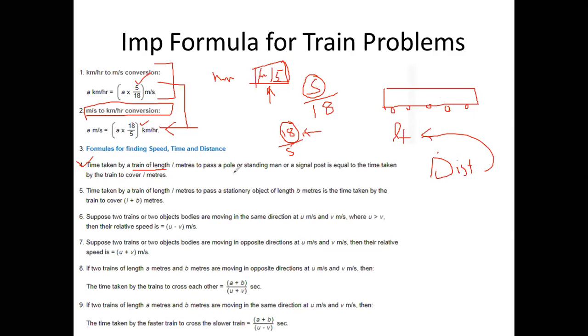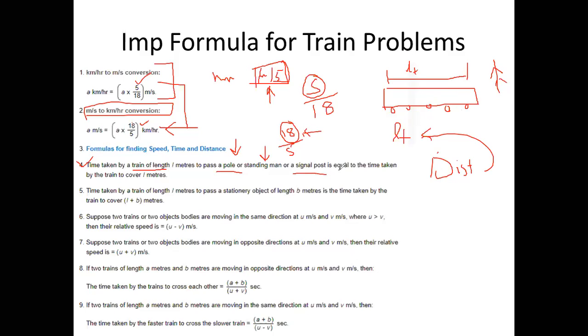And in this case we are talking about a single pole, right? Where the train is crossing a single pole, so we are going to find at what speed, or what is the length of the train, or what is the length of the platform. Such types of numericals will come to you, right? A person is standing and the train crosses him in this way, so we have to consider the length of the train also. Please remember this. This is the length of the train, right?